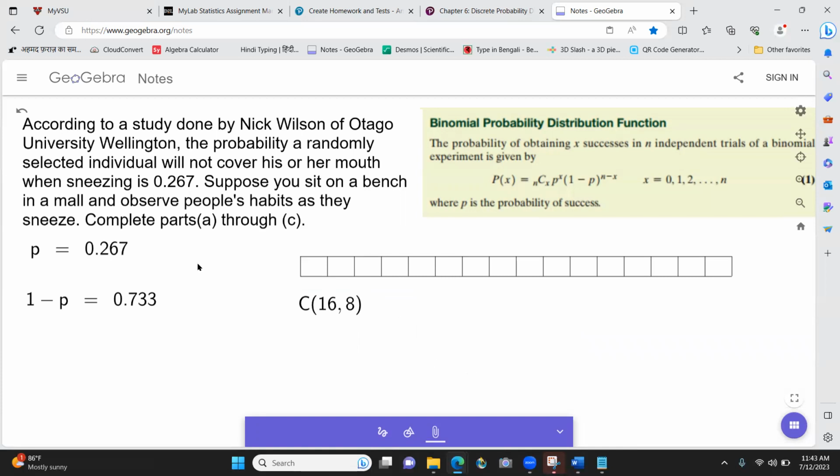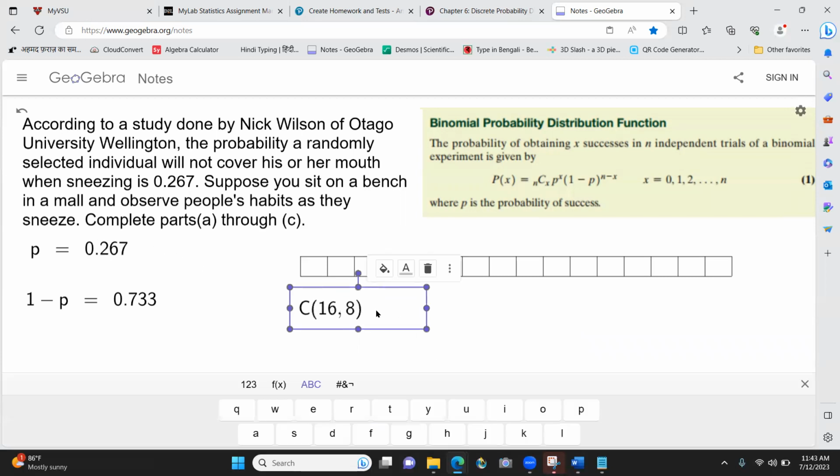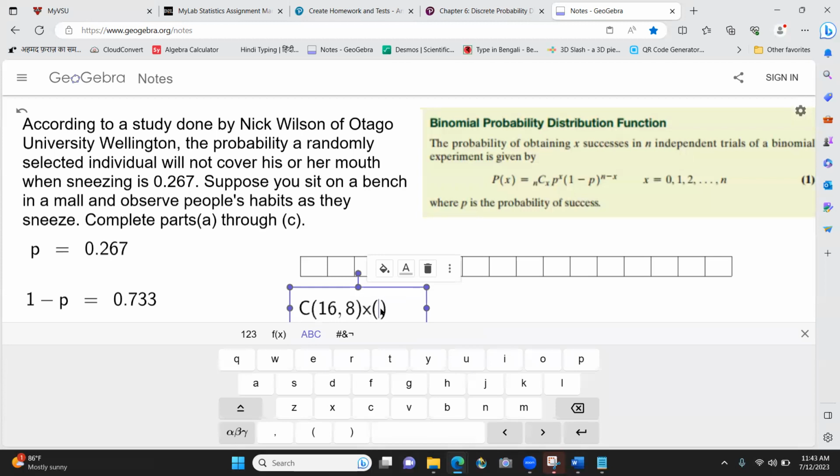So here, the probability for the 8 that don't cover is 0.267 raised to the power 8, and the remaining 8 will cover, and the probability that they will cover is 0.733, which is good. More people tend to cover.